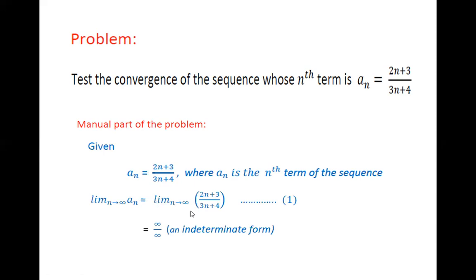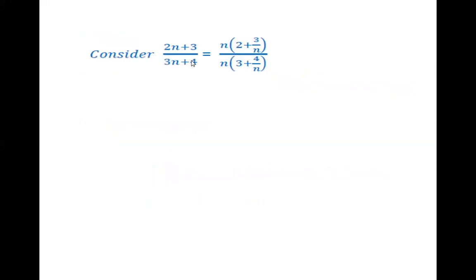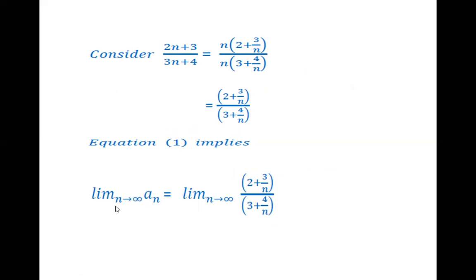If I apply the limit directly, I get infinity by infinity, which is an indeterminate form. So we need to modify this and then apply the limit. Take n common out of the numerator and denominator, and after n gets eliminated, I can consider this expression for simplification.